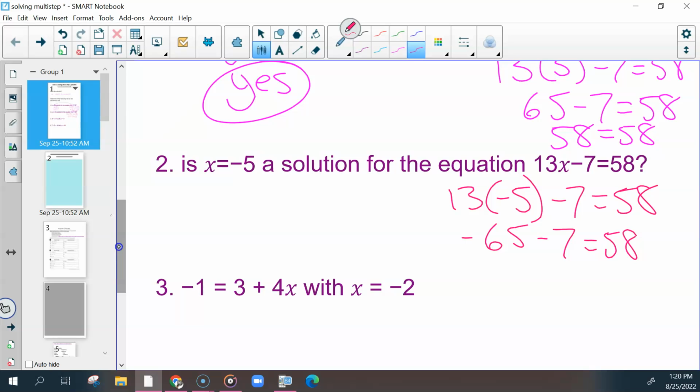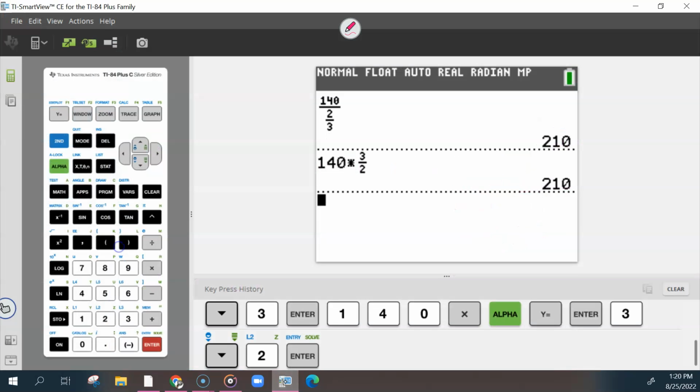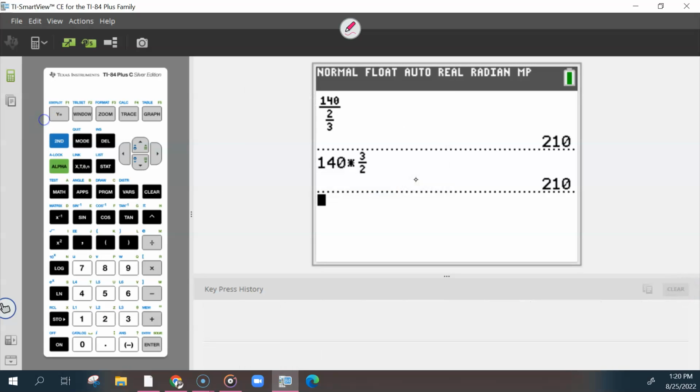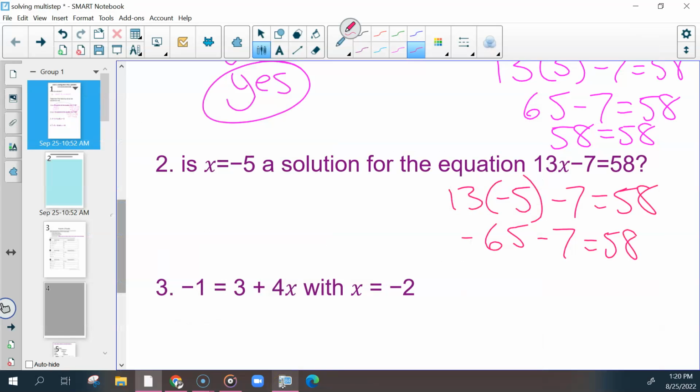If you are doing this in your calculator, this button at the bottom is your negative. You want that for the negative 65, but use this for your minus. And what would that give us? Negative 72. Is this a true statement?